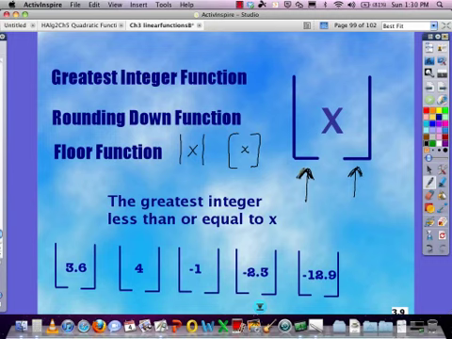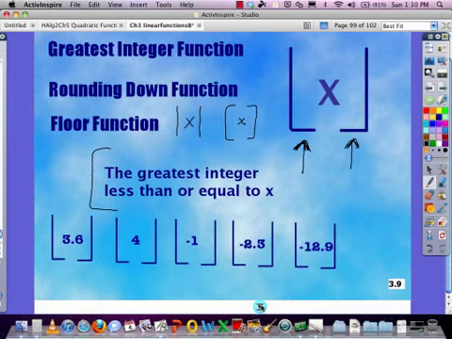So if we have the down pieces, the definition says the greatest integer function is the greatest integer less than or equal to x. And x is whatever you're evaluating inside those brackets. So if we look at our examples here, we have the greatest integer function of 3.6.